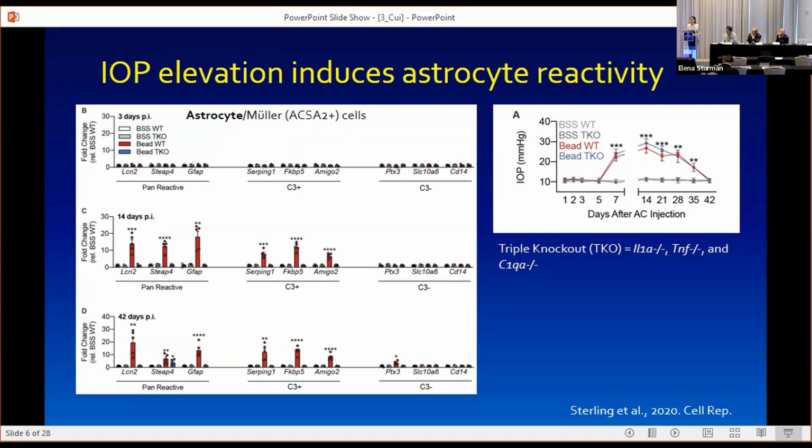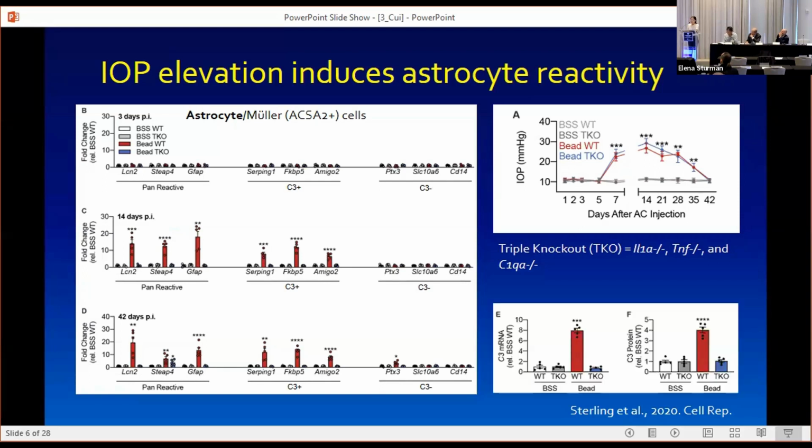But after about 14 days and then 42 days, we see that genes associated with C3 positive astrocytes and pan-reactivity were elevated in the wild type, but not in the triple knockout animals. Further, we saw elevated C3 mRNA expression and protein in the wild type, but not the triple knockout animals. So this tells us that these 3 cytokines are necessary and sufficient for the C3 positive astrocyte reactivity that we observed.